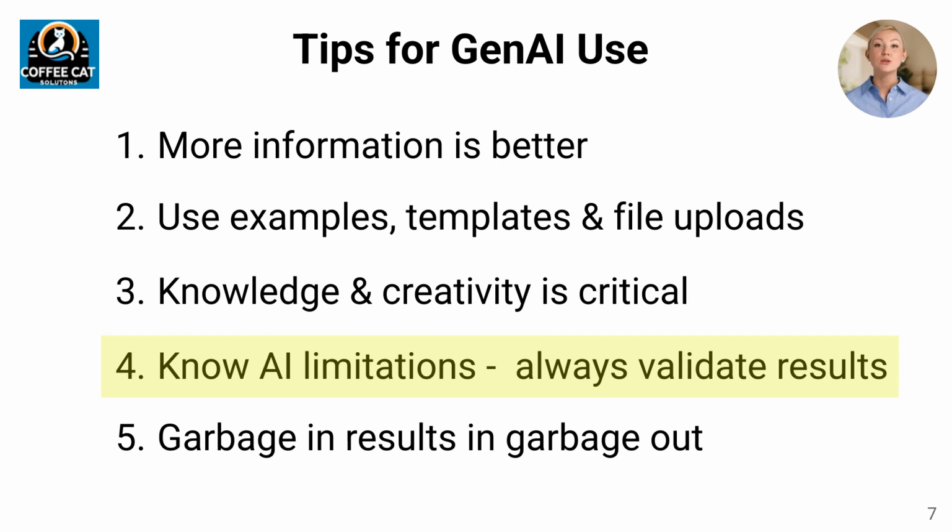Be the human in the loop and always validate your AI results. 5. Remember, like other aspects of software development, garbage in will result in garbage out. You have to ask the right question in the right way to get the schedule you want. There are lots of great prompt writing YouTube videos, manuals, and courses if you want to learn more or improve your GenAI prompt writing skills.